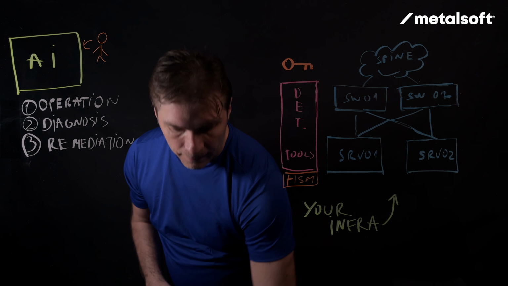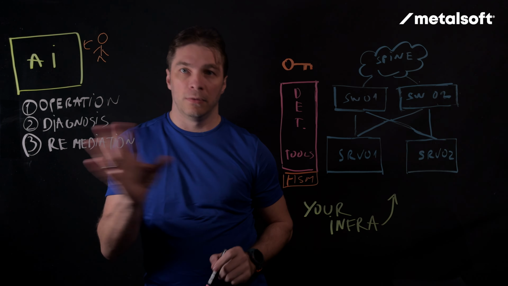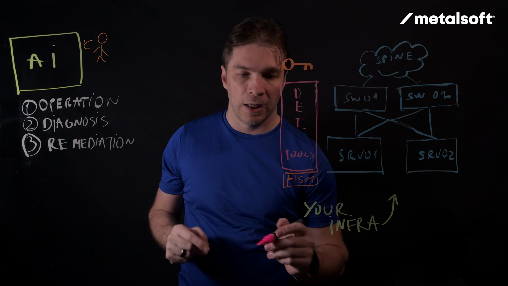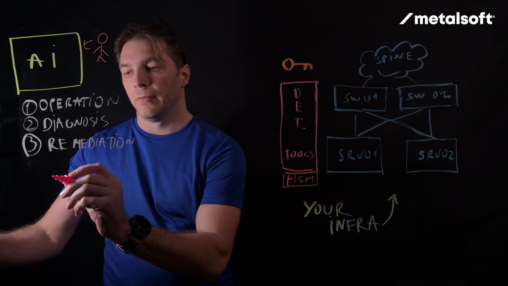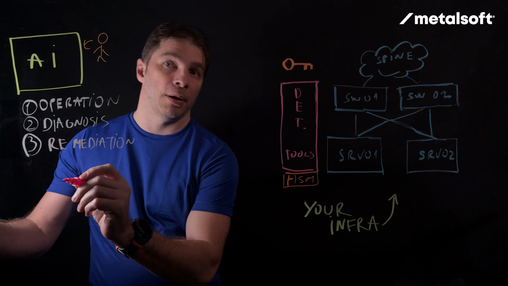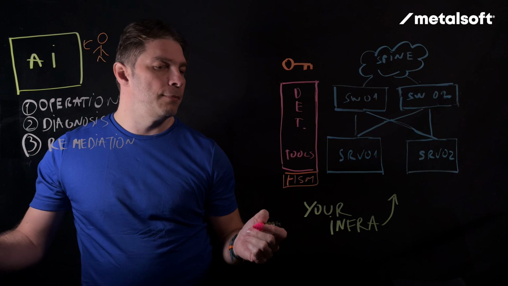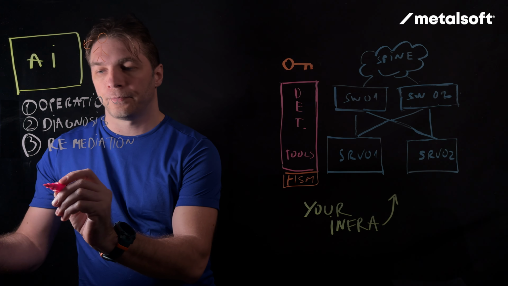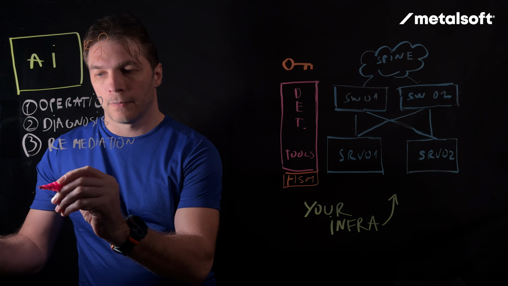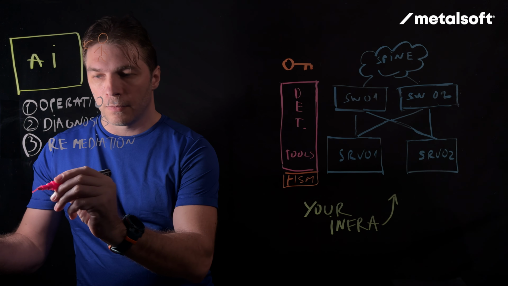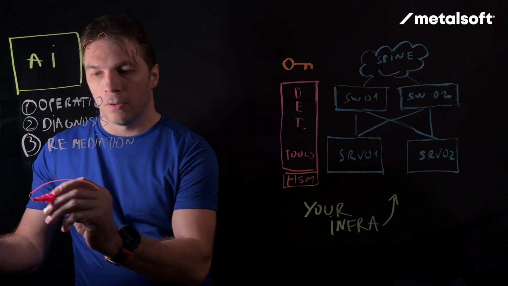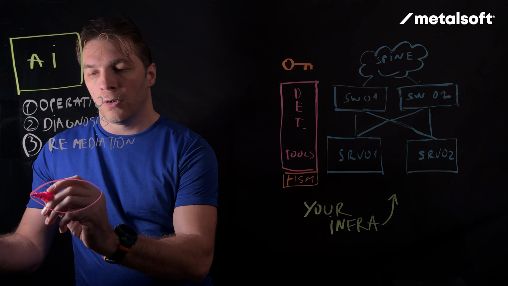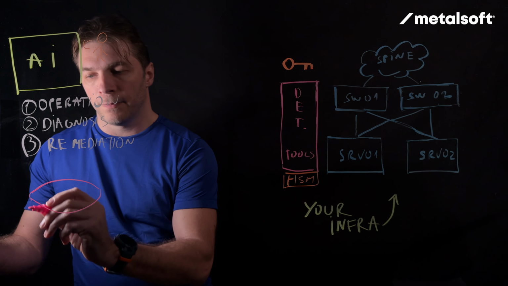The second part, which is surprisingly difficult to achieve in most organizations, is the set of clean data about the infrastructure. And I'm going to put it here. I'm going to call it topology information.